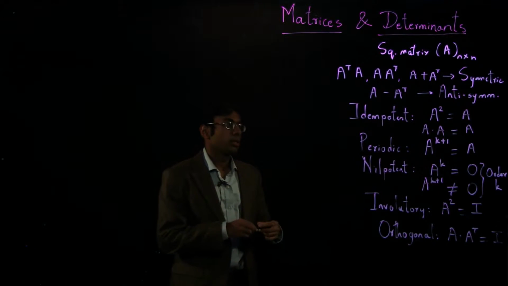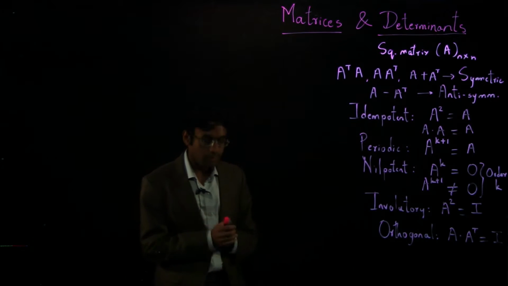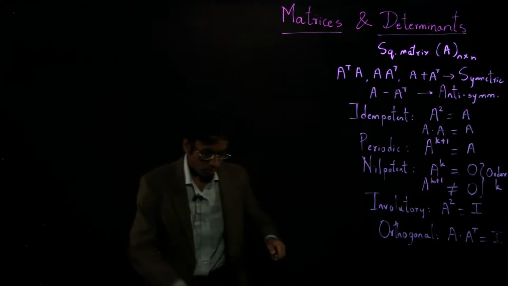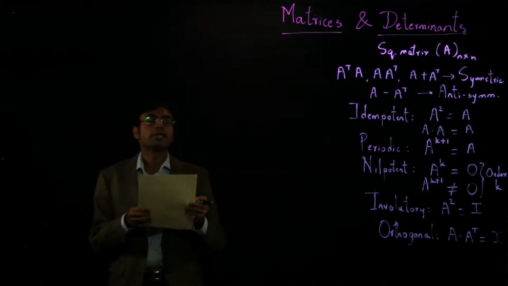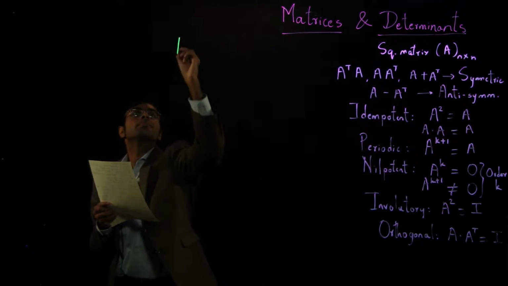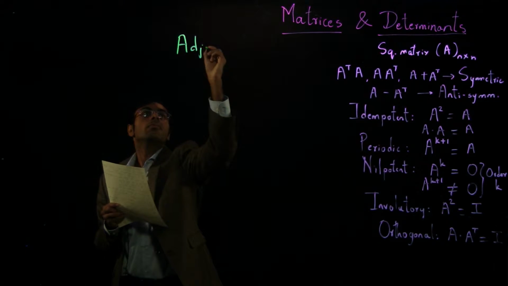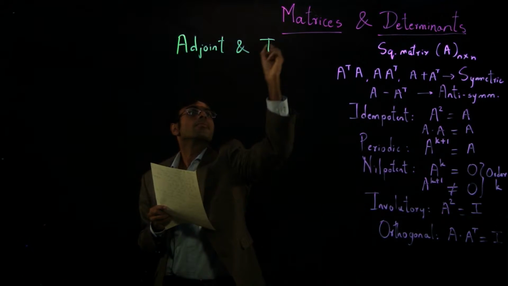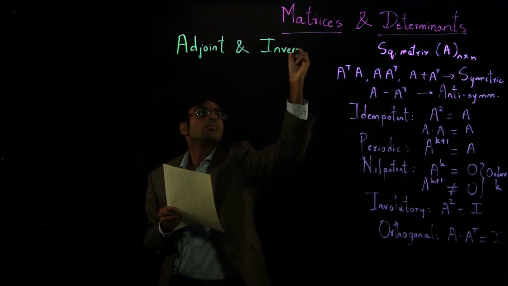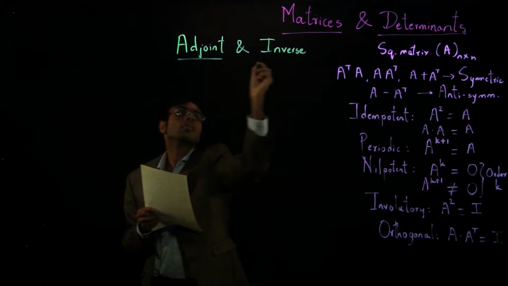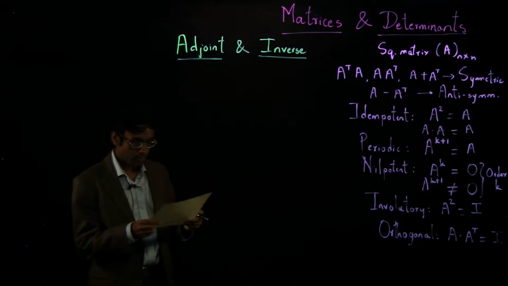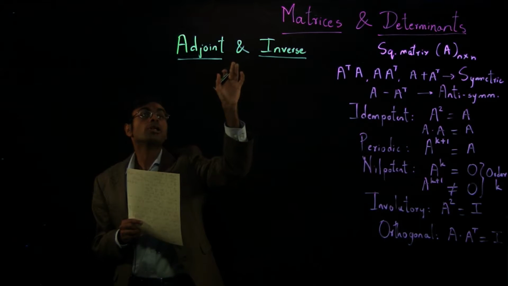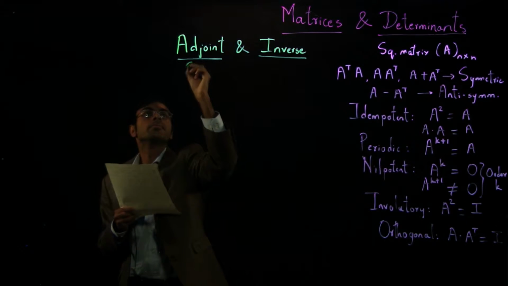Okay, so now that we have seen the special types of matrices, we can move on to what is known as the adjoint and inverse of a matrix. Again, these operations on matrices only work for square matrices.